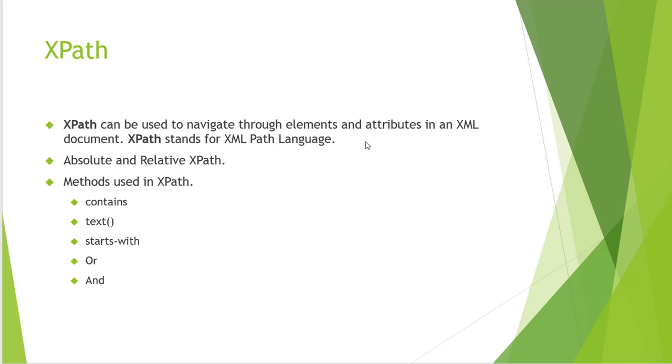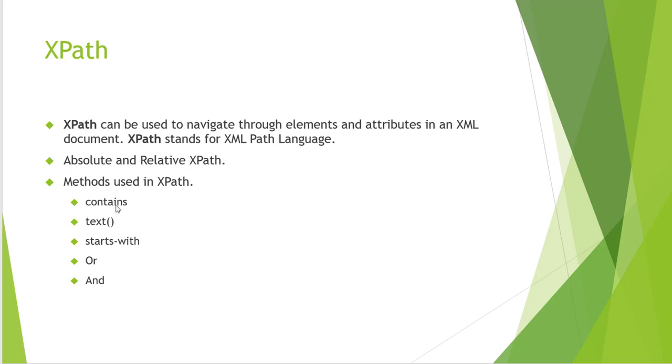Whenever we are working with Selenium or writing test scripts, we need to locate elements on the web page. XPath provides us the location of that particular element on the web page. There are two types of XPath, absolute XPath and relative XPath. We will see how to find both.